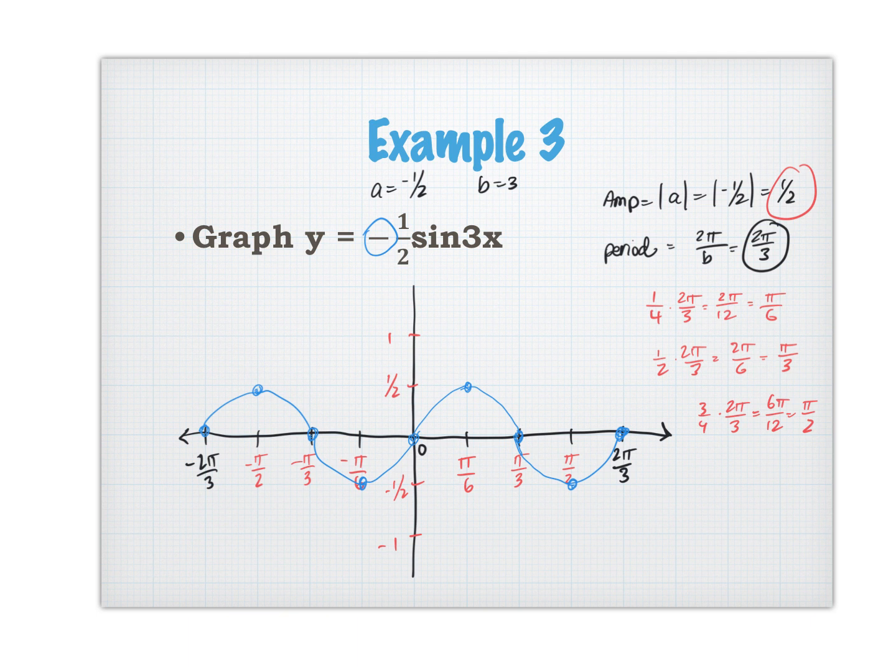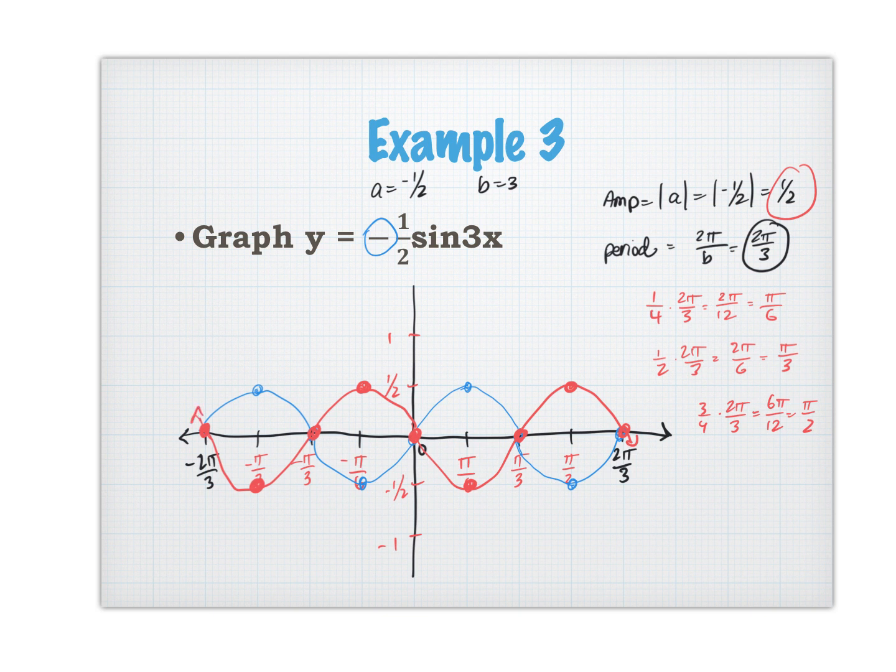Well, again, remember that here what we're doing is a negative, so it's the reflection over the x-axis. So my zeros are going to stay the same. That's not going to change, but my other points are going to reflect over this x-axis. And so my graph is going to look a little bit different. And so my graph is going to be the reflected version of this.